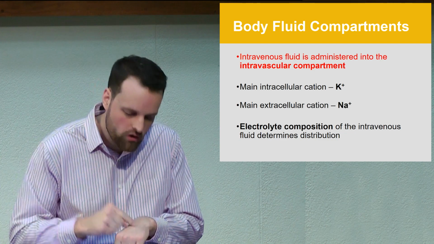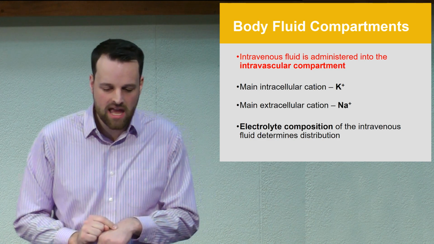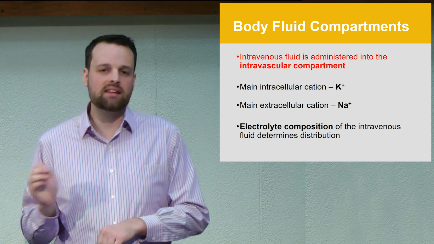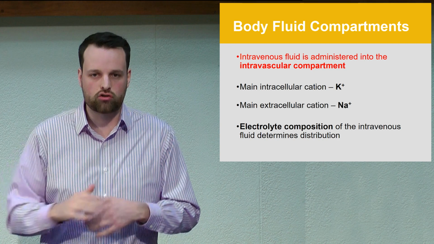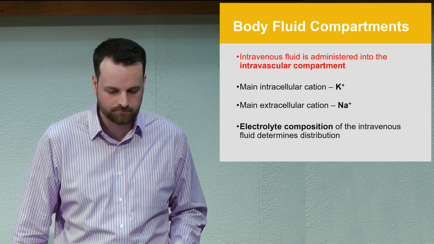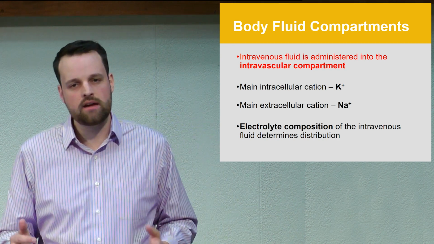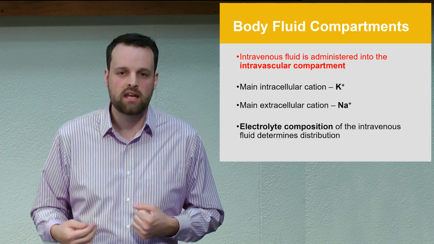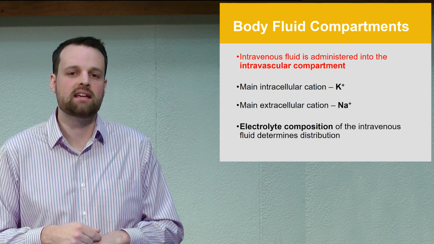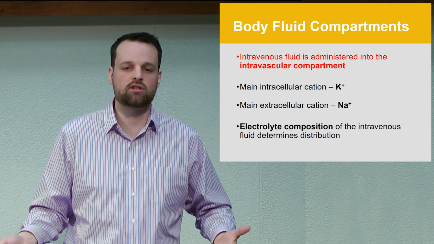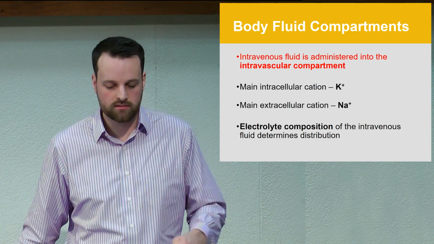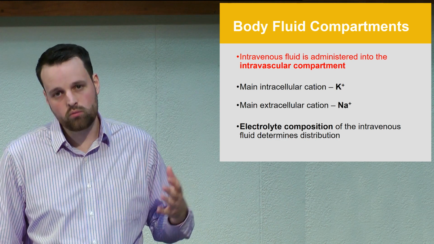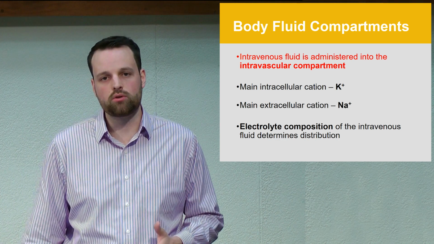When we administer fluids, we're administering them into the smallest body compartment. We're pushing them straight into the intravascular compartment. And we need to be aware about how that fluid distributes itself across the entire body water. It's no good giving fluid for a patient with low blood pressure in an attempt to raise their blood pressure if the fluid that you give into the vein is going to go straight out into the interstitial or intracellular compartments. So what determines the fluid distribution?